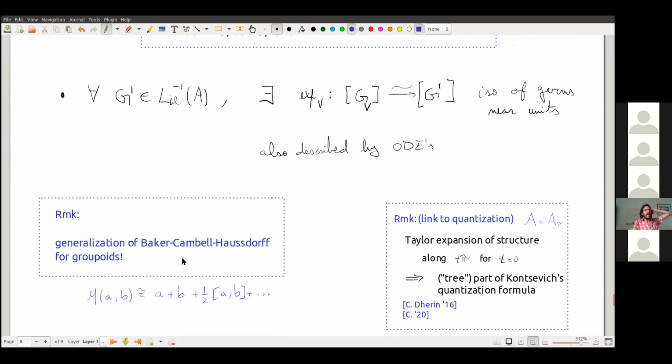This generalizes widely, in a very big sense, the Baker-Campbell-Hausdorff series for Lie algebras. And also, the construction is very rich. If you multiply a Poisson structure by T and then do this construction and then expand it, you obtain something quite non-trivial, which is part of a famous formula that Kontsevich gave for quantization. So this is kind of a structural understanding of many things that were going around.